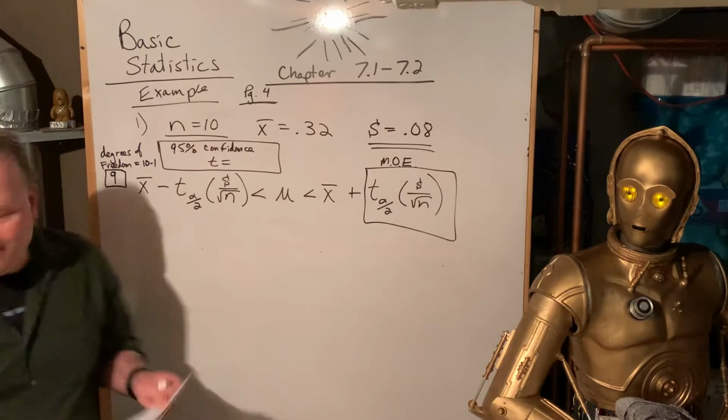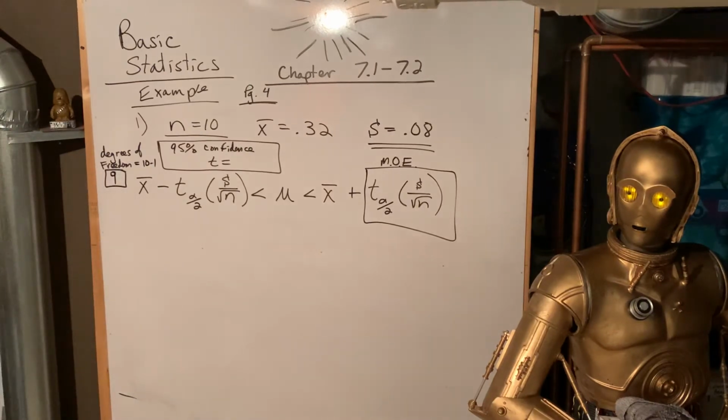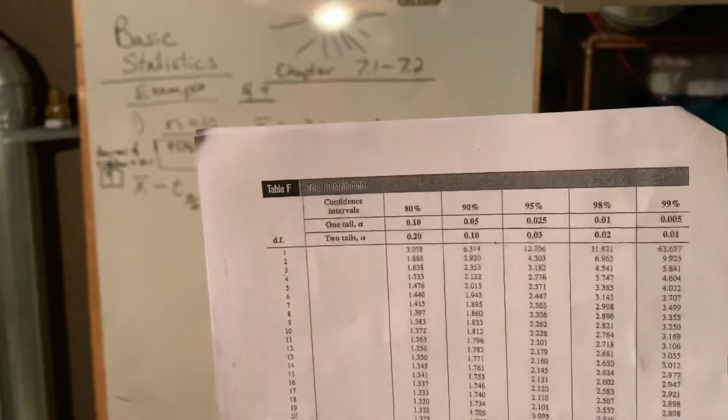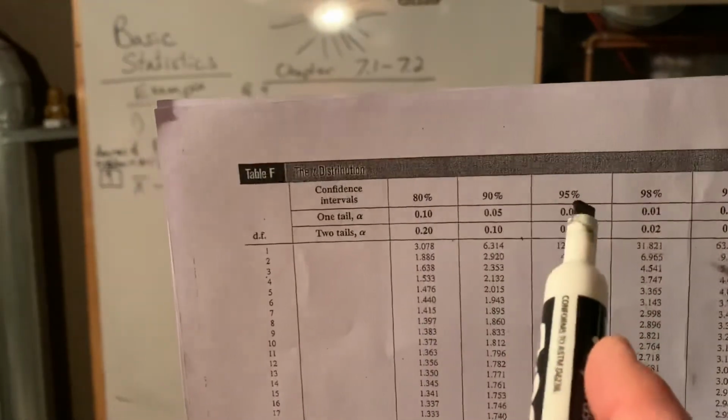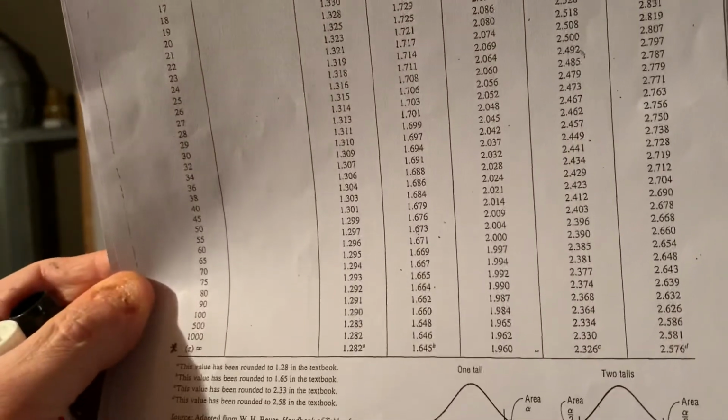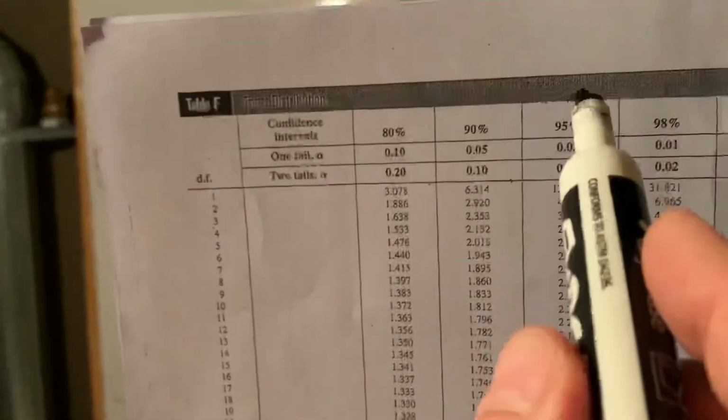So let me show you how to look that up on your chart here. We're still on table F on the chart, and we still want confidence interval 95. But what we're going to do differently now is instead of going all the way down to the bottom and saying 1.960, we're not going to get to do that.